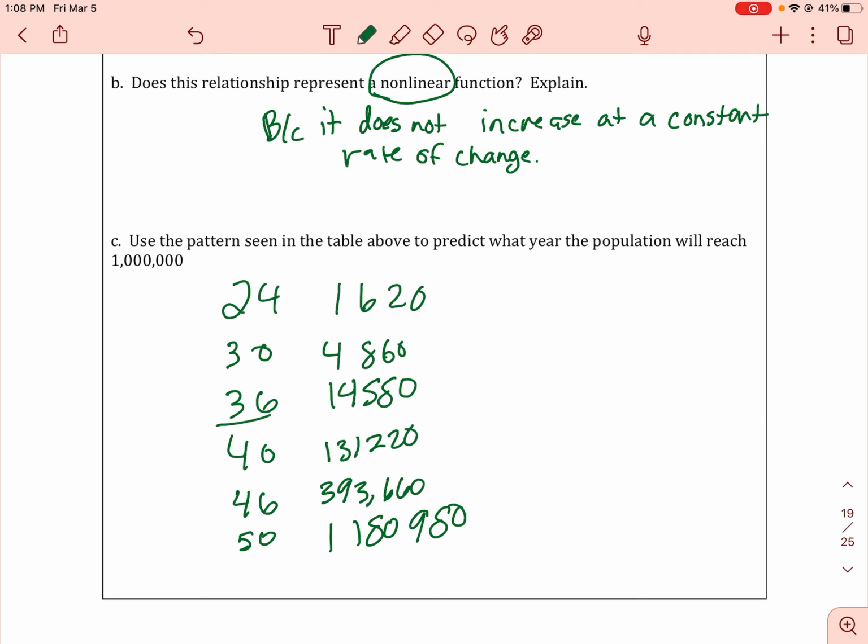So here's 3 years. That's where I messed it up. Start over.